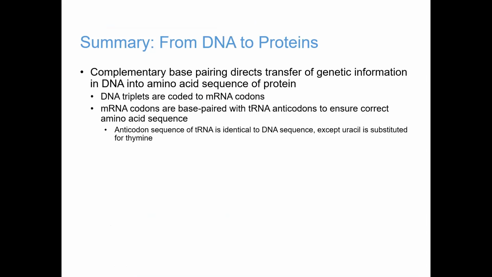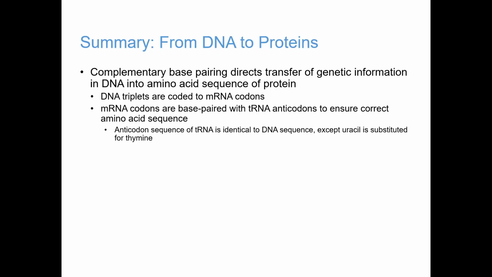So the codons are the complement of the sequence in the DNA. The anticodons are bringing the amino acids to the messenger RNA. Remember, the anticodons are the complement to the codons. The messenger RNA has its bases in complementary sequence. The sequence is the complement to the DNA.